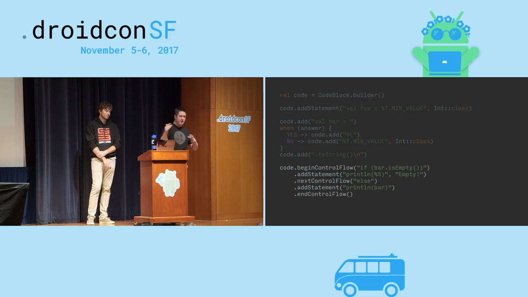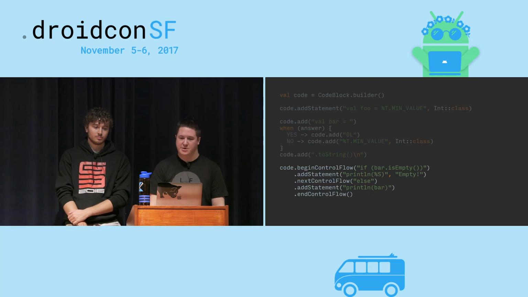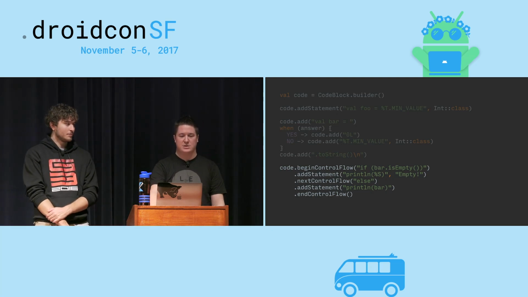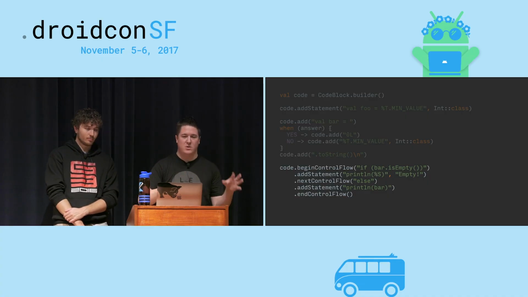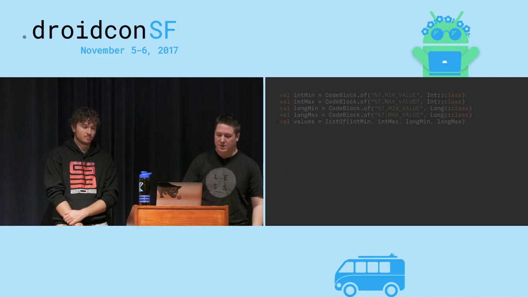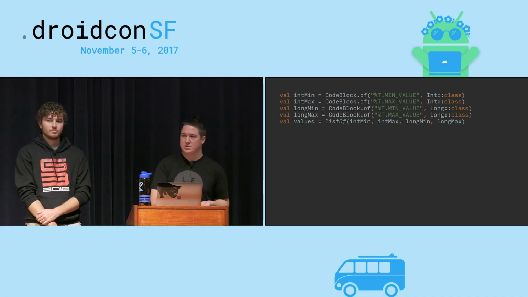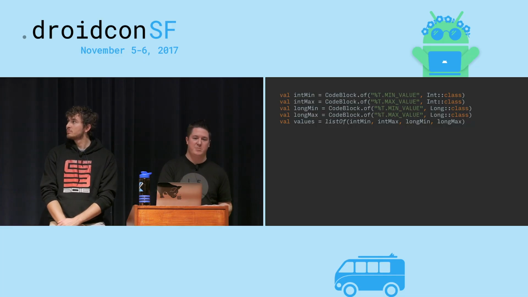And if you actually want to generate control flow, like if statements or when blocks, there are some helper methods for you which take care of curly braces and automatically indenting the generated code. So really, you only have to focus on what is being generated and focus less on how it's being formatted. Also, these code blocks don't have to be things that can compile.